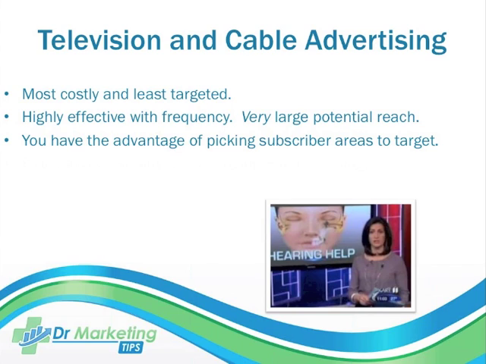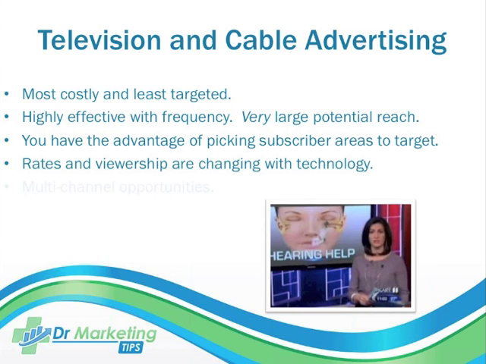And they do this because they have a contract with a local property owners association or homeowners association or something like that. Or they'll probably have the ability to target your advertisement based on zip codes. And so while television can be very expensive and traditionally speaking, it's not as targeted, when it comes to cable advertising, you actually can get some pretty targeted television airtime, and it's highly effective.